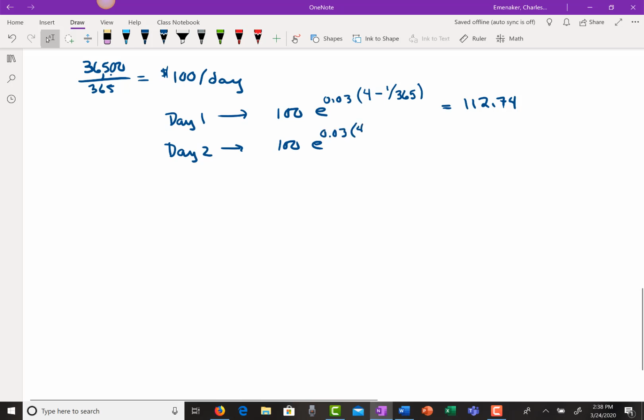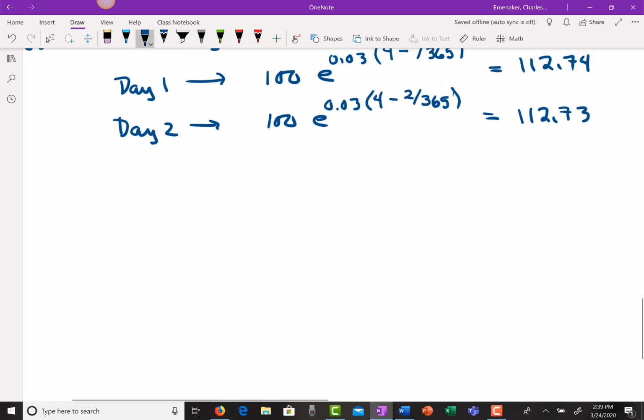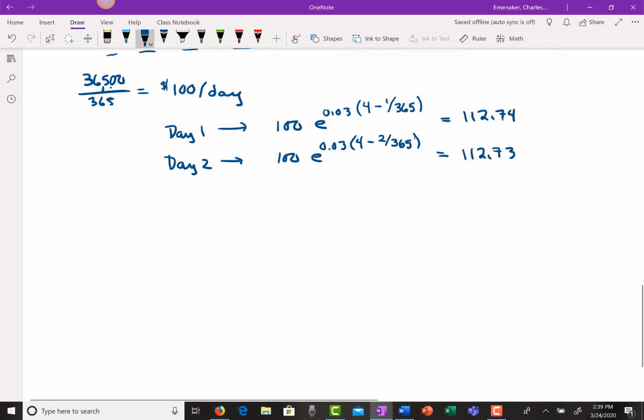And this time it's going to be in for 1 day less than the previous day. Okay? So we have to take away 2 days from that year. And what this works out to be is $112.73. You see, basically it's not a huge change, okay? But it is slightly less income than what we had before.